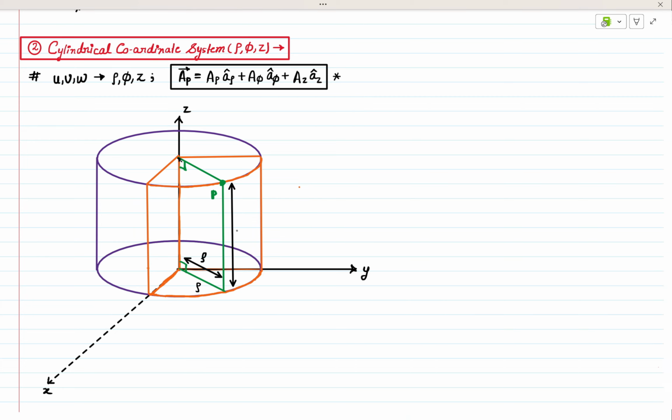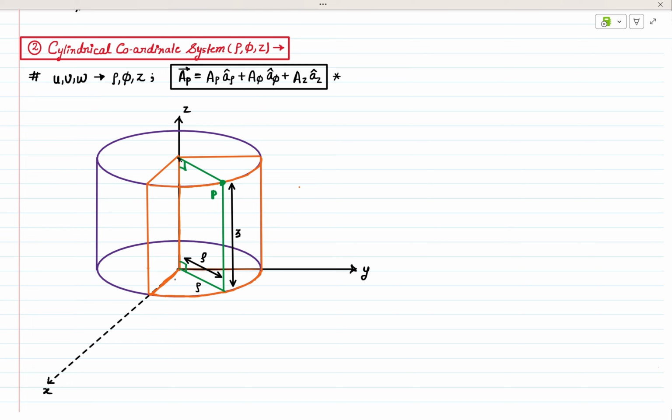This is the rho and this is the z. I have told you about rho and z. The remaining parameter is the phi. Now see what the phi actually is.